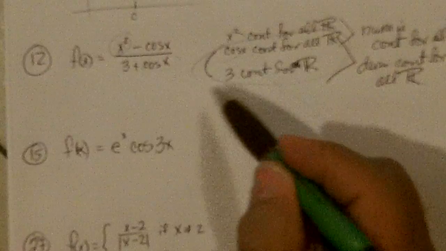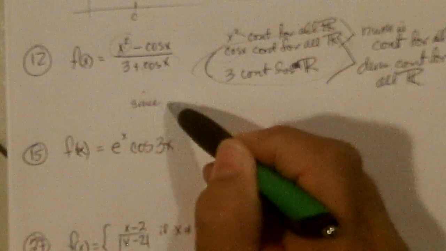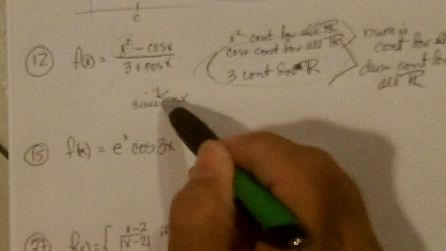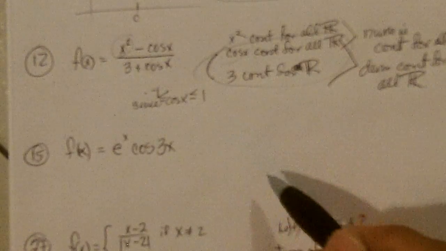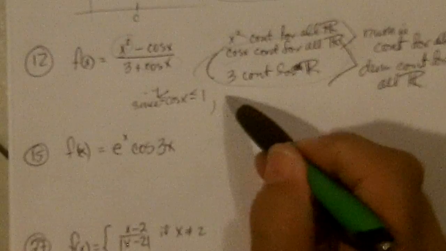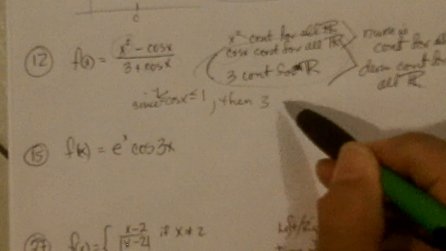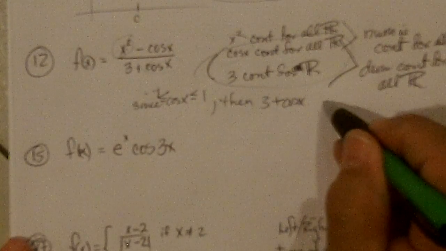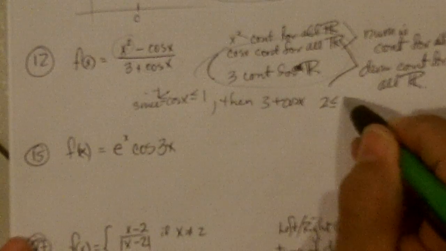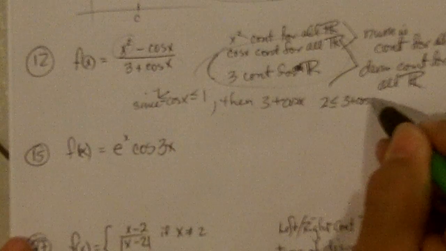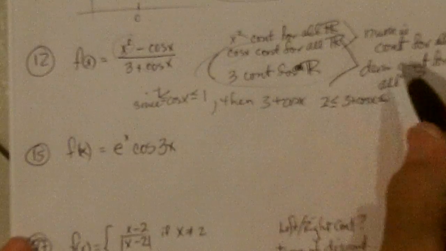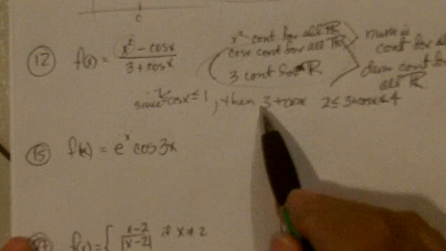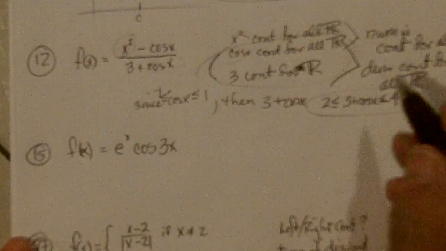Well, since cosine x is always greater than or equal to -1 and less than or equal to 1, then 3 plus cosine x is always between 2 and 4, because it could be 3 minus 1 up to 3 plus 1, so that's never 0.